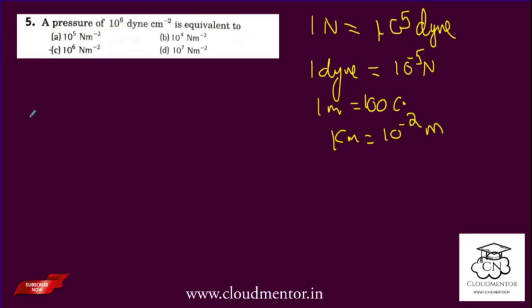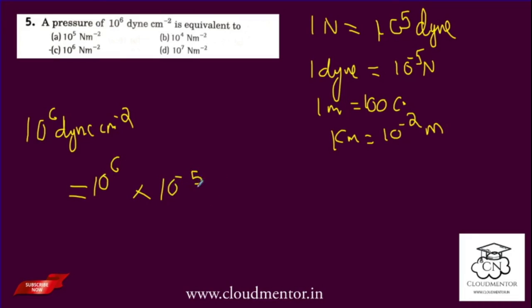So we can now convert the given value, 10 raised to 6 dyne centimeter raised to minus 2, which is equal to 10 raised to 6 multiplied by 10 raised to minus 5 Newton, divided by 10 raised to minus 2 meter the whole square.